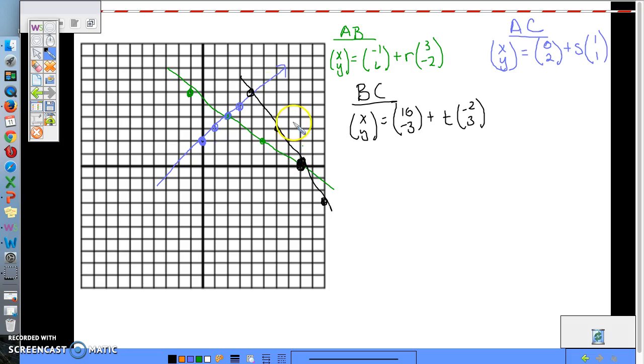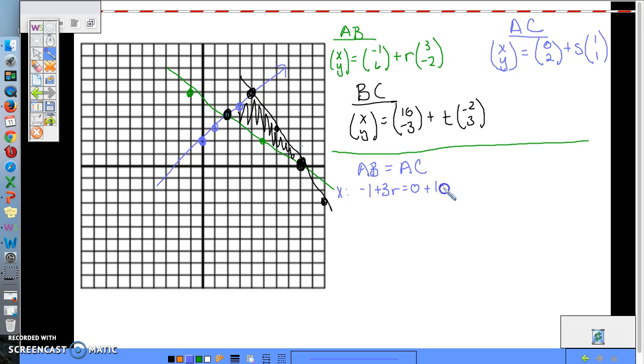So looking right now, it looks like we have these three coordinates where the lines intersect. But we're asked to verify that using vectors. So how are we going to do that? We need to find out where AB equals AC. The x value for our AB, -1 plus 3r, where does that equal 0 plus 1s?